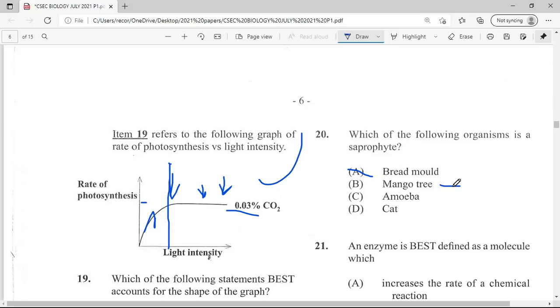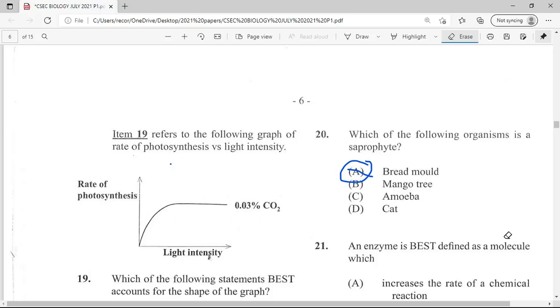So the cat, heterotrophic; amoeba, heterotrophic; mango, autotrophic; and bee here being saprophytic. So our answer there is going to be B, saprophytic, for this particular question.